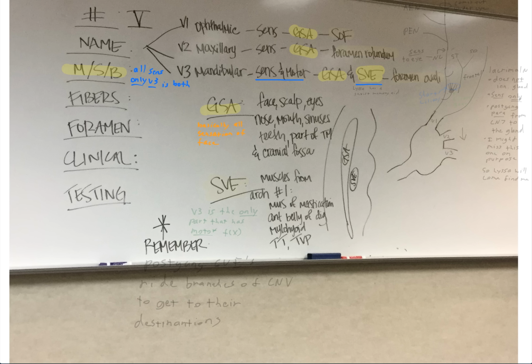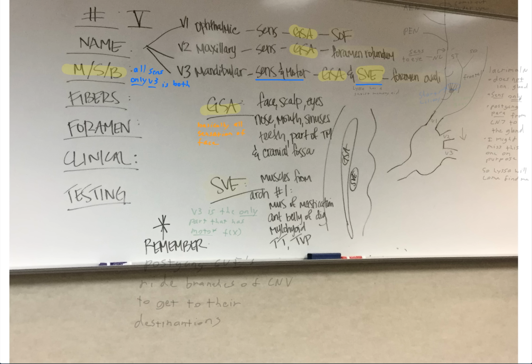Even though you can't move it very well, if I were to poke you in your eye, can you feel it? Yes. Those things that are only motor, if they are damaged, you are only losing the motor function of that organ, not the sensory function of it. People get confused with that. So just understand that they are very different.